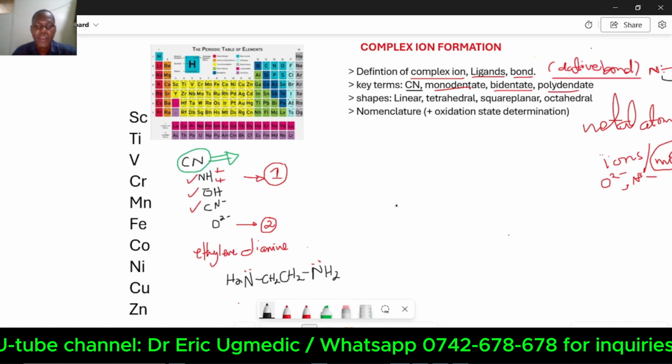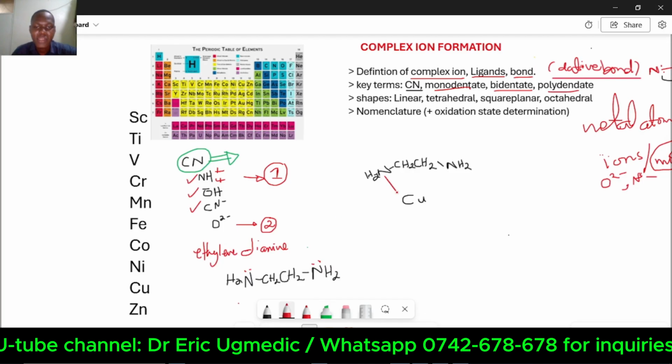So if I have my copper, normally it binds with two of these. I can have my ethylene here, and then attached to both ends are the amino groups. On this side too you have your amino group. So what will happen is that this nitrogen is donating its electrons.